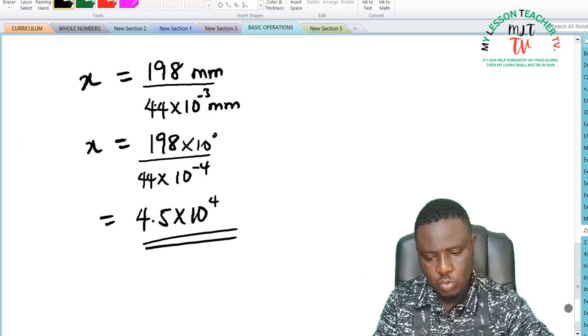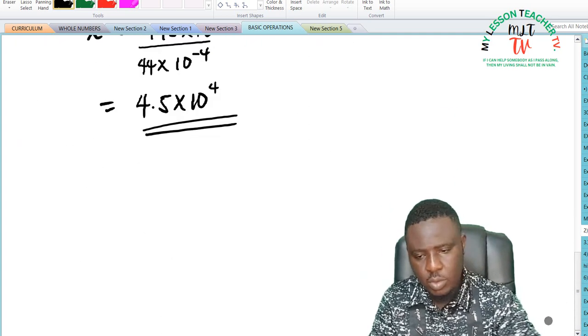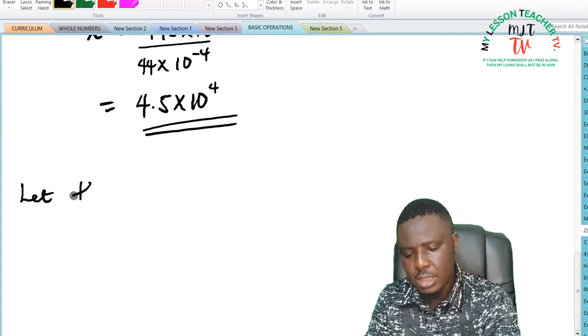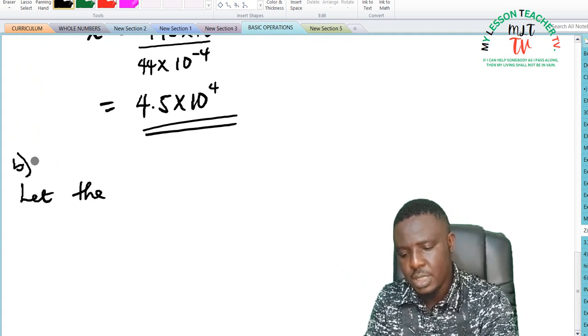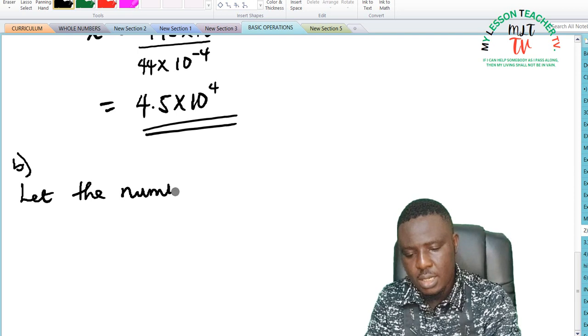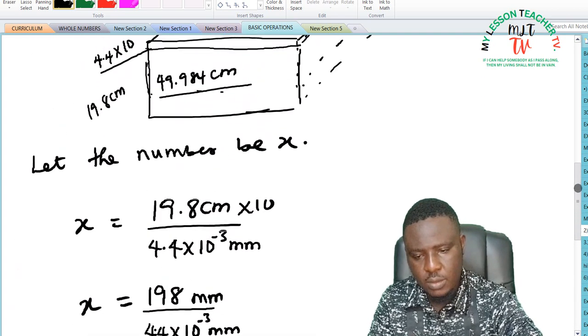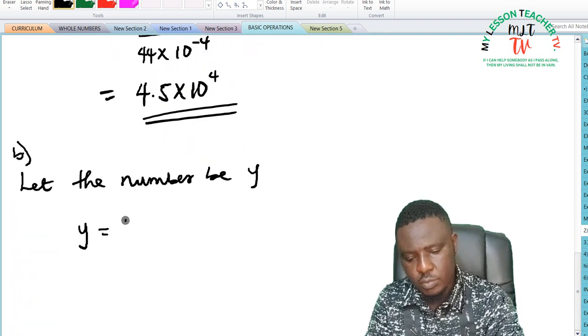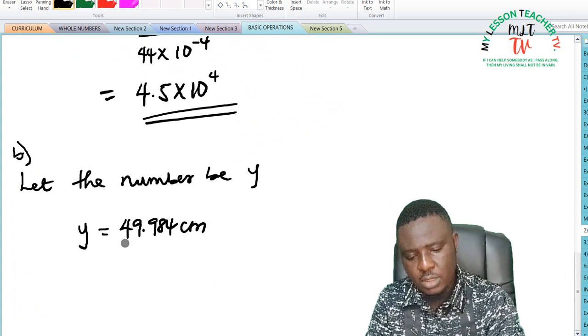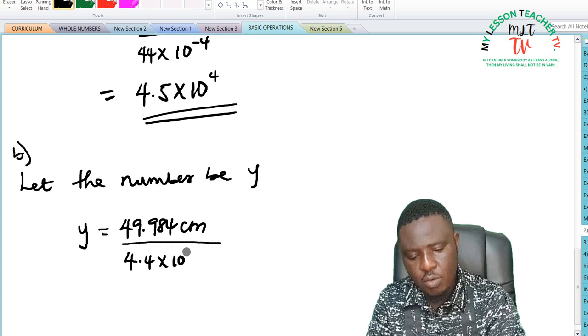So let the number of sheets be y, so that y is equal to 49.984 centimeters divided by 4.4 times 10 raised to the power of minus 3 millimeter.